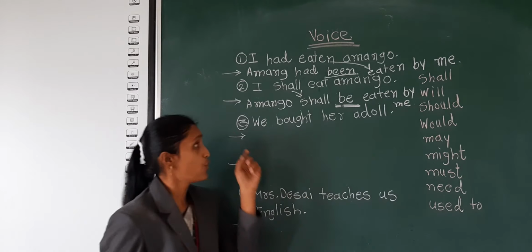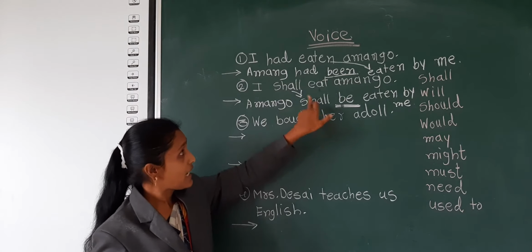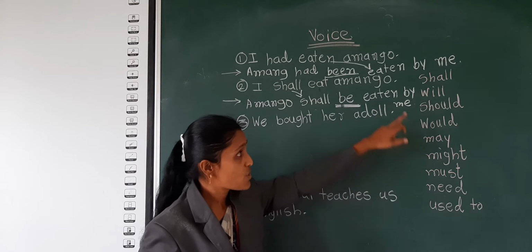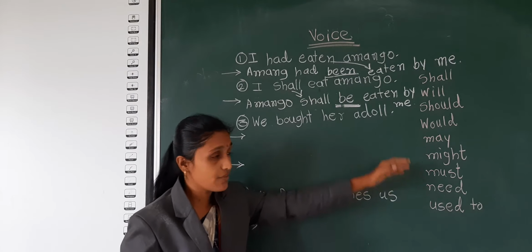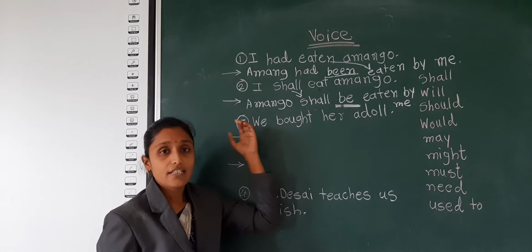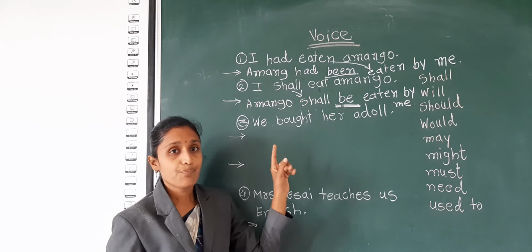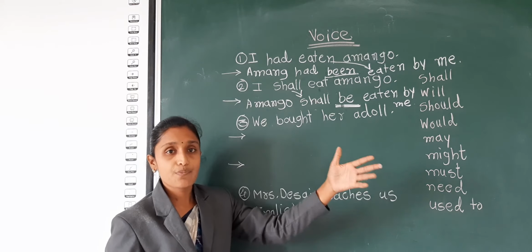So first find the object, a mango, then shall as it is, then be, then PP, then by, then the second form of I, which is me.